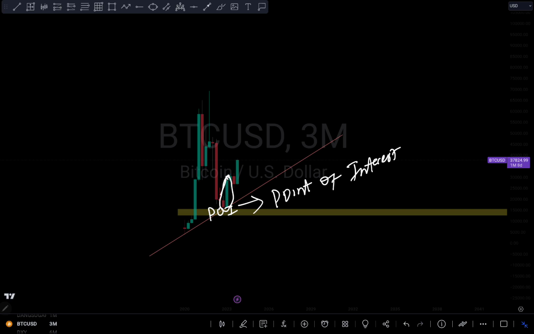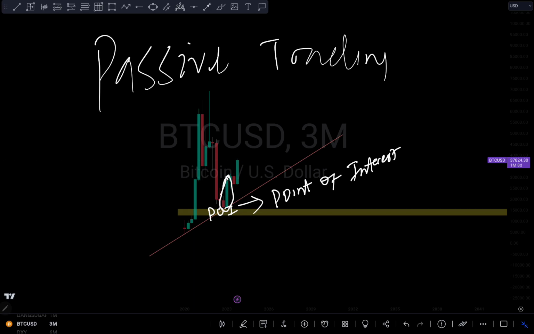And that is the reason why I am analyzing in a bigger time frame, because I am not an intraday trader or swing trader. I am doing passive trading. Passive trading, for me, is analyzing right now in a bigger time frame to be able to say, okay, I think we are in a shift in the market right now, so I can put my money on Bitcoin for a buy move.